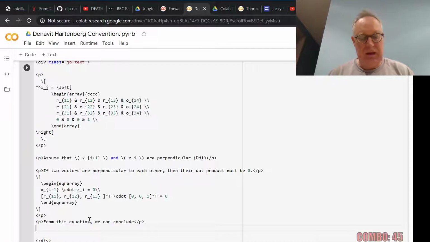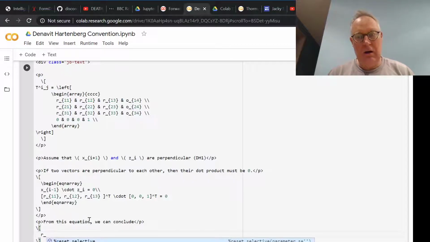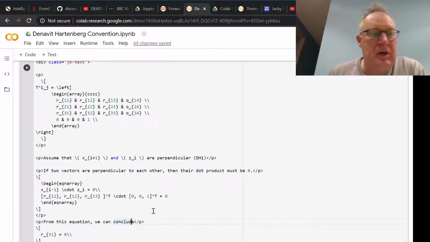For one thing, R31 must be equal to 0. If I look at the dot product, it's R11 times 0 plus R12 times 0 plus R13 times 1. So R13 must be equal to 0. No other choice there.